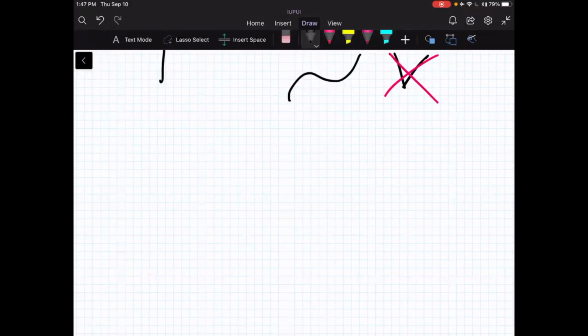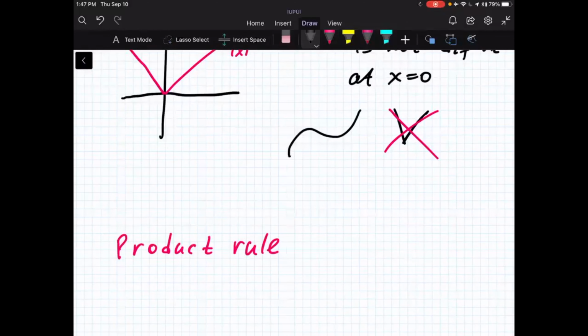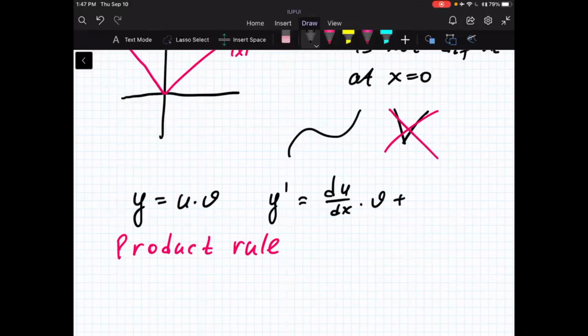Okay, that was a small comment, but what is the summary? The summary is the following, that we got the product rule. Remember that we started with y, which is u times v, and we found that y prime is du over dx times v plus u times dv over dx. So what is the product rule?